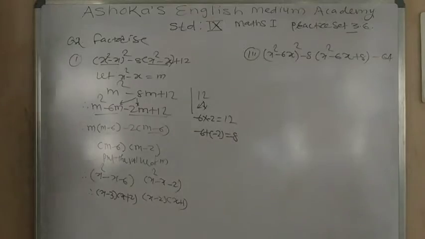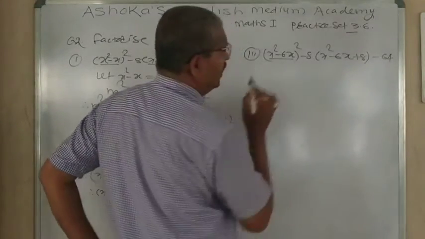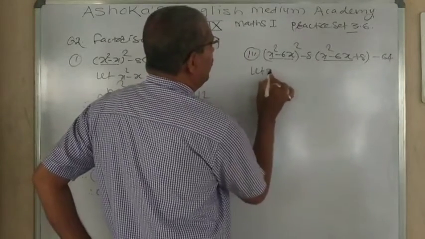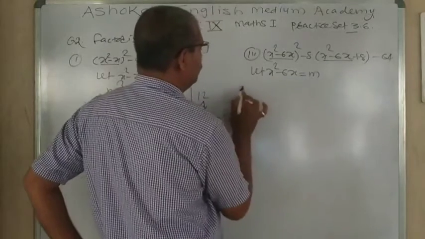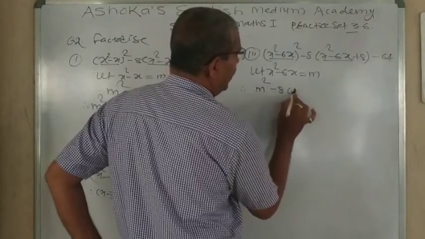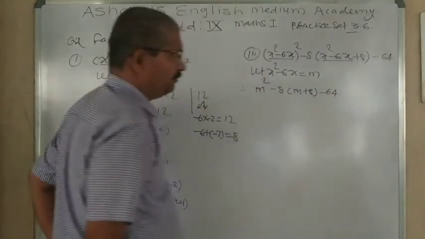A similar kind of question. Please look here. In the first bracket x square minus 6x, in the second bracket x square minus 6x. Let x square minus 6x be equal to m. Therefore, m square minus 8 in bracket m plus 8, minus 64.